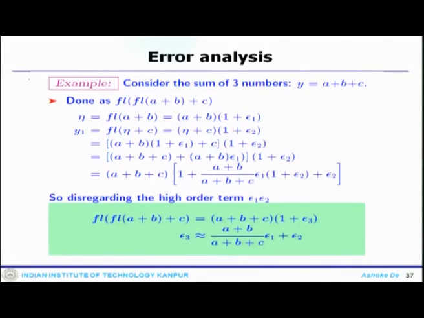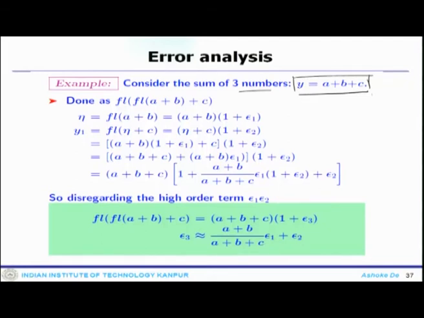Now, one can take an example and quickly glance through the things. You can consider the sum of 3 numbers, which is very simple, something a school kid does: y equals a plus b plus c. You are given 3 numbers, you just get the addition. Okay.